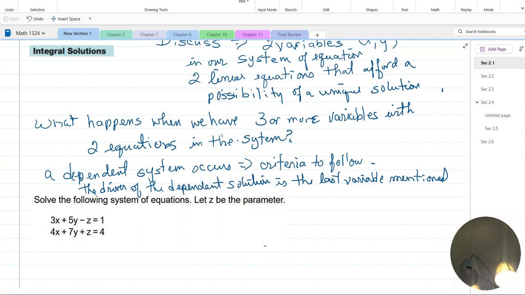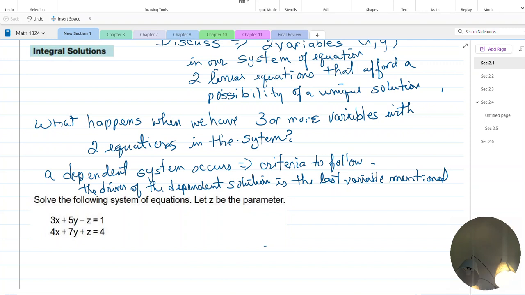All right. So in this case, we're not isolating X or isolating Y per se, but we are looking at using the last variable as the independent, the one that changes and causes the other two to exist.